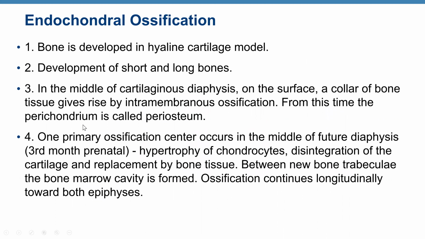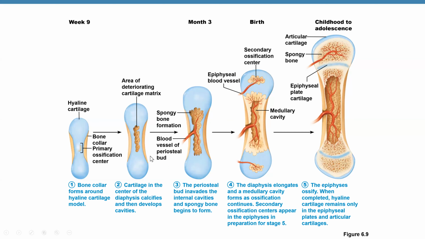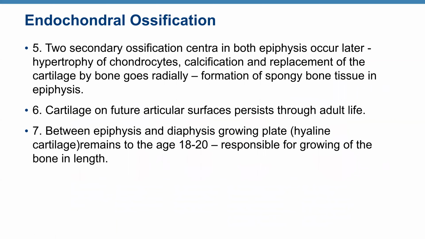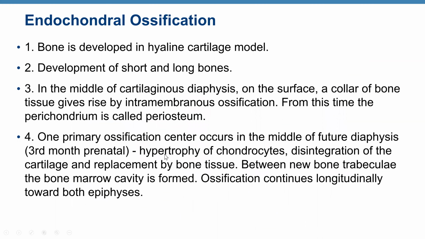Now, from that moment, we call perichondrium periosteum. Now, one primary ossification center occurs in the middle of the future diaphysis. So the primary ossification center occurs right there in the middle of the diaphysis, and the diaphysis is the shaft of a long bone, right?